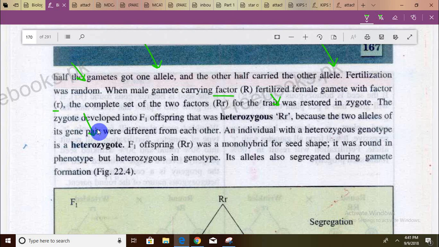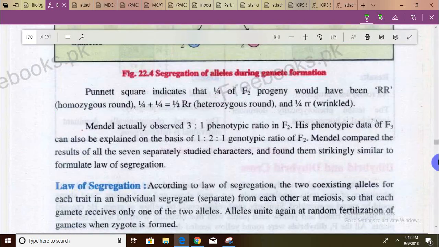An individual with its alleles also separate during gamete formation. Segregation means separation. Independent assortment means that which one of the segregated alleles is taken by a particular gamete is completely random.